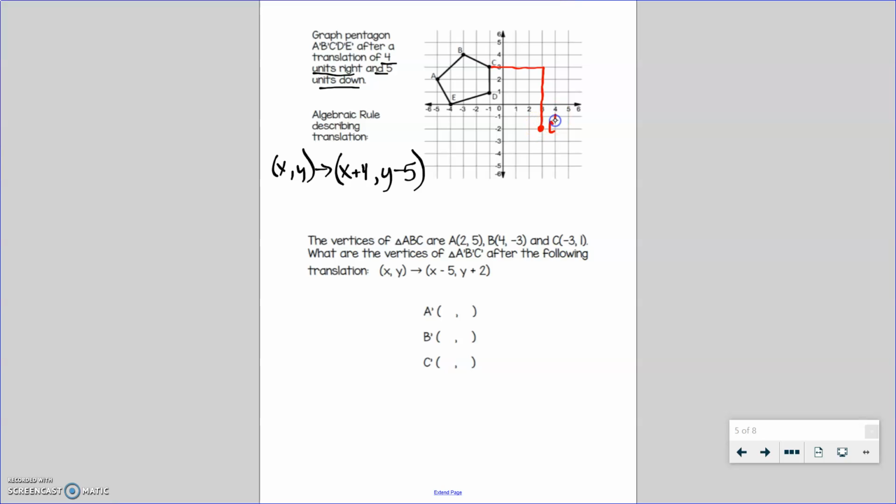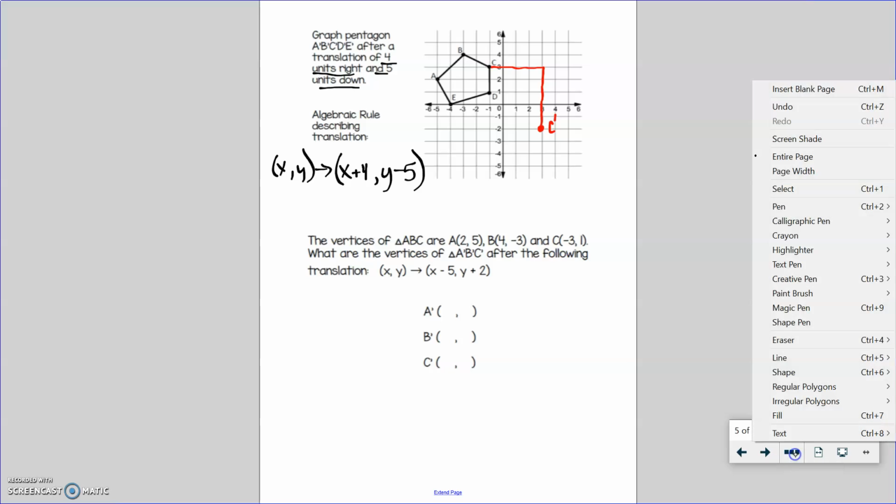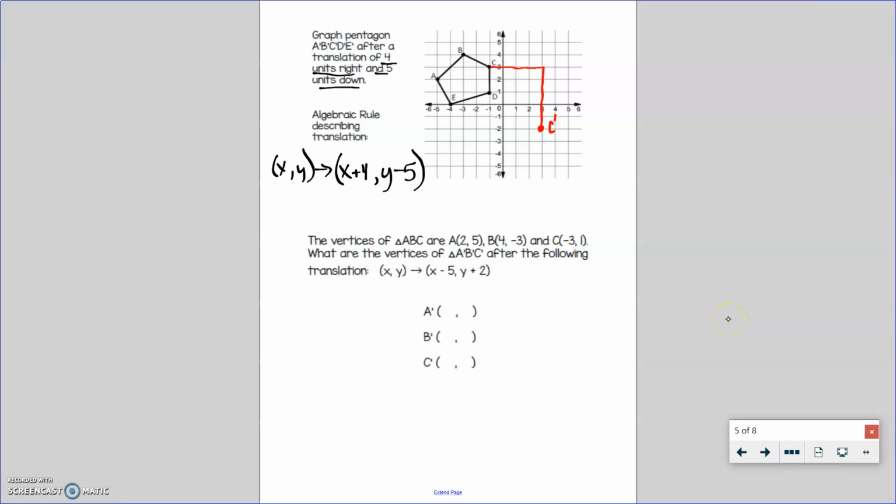I label C prime. And then I do that for every one. So I go 4 to the right and 5 down. I have plotted all of my points by following that rule for each point. I am going to connect the dots, and I have my new image, and my new image is also labeled.